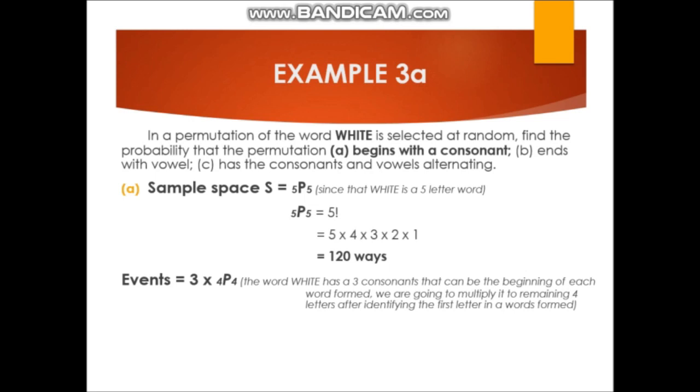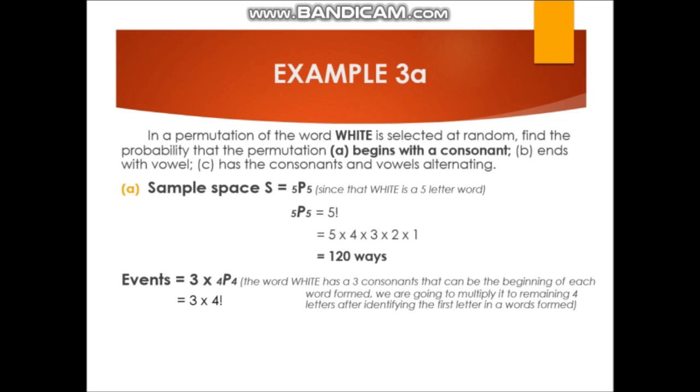Kasi yung 4P4 is the remaining letters once na makapili na tayo ng isang letter from W, H, and T. Okay? So, ilan daw yung ating masosolve? In this case, we have 3 times 4 factorial. Okay? Ulitin ko, kaya ginamit natin is 3 kasi tatlo yung ating consonant letters, W, H, and T. At bakit natin siya i-multiply sa 4P4?